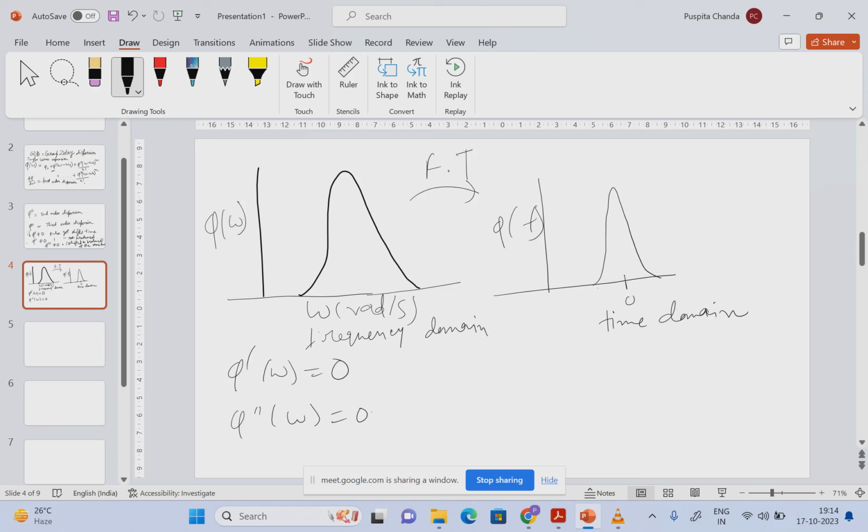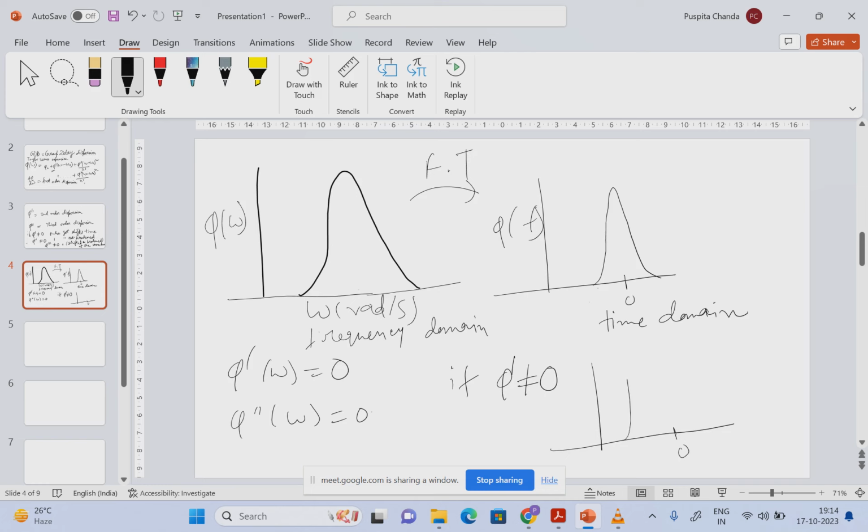Okay, but if phi dash is not equal to 0, the pulse gets shifted.